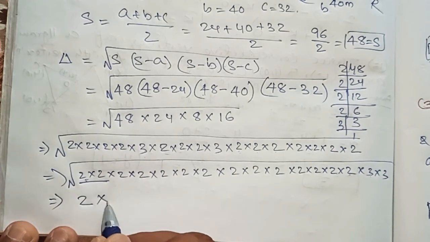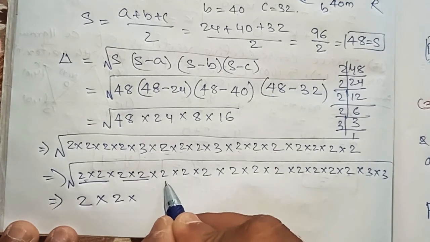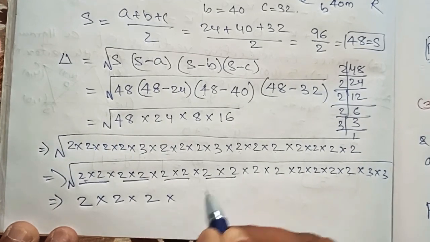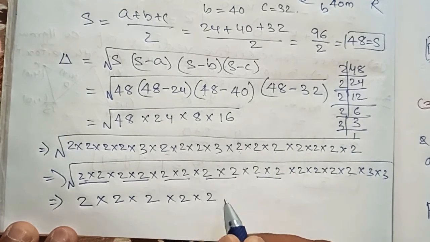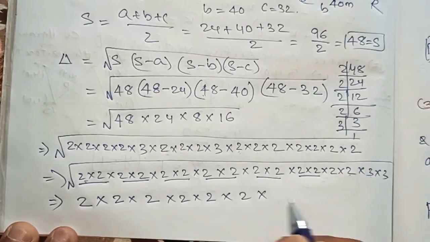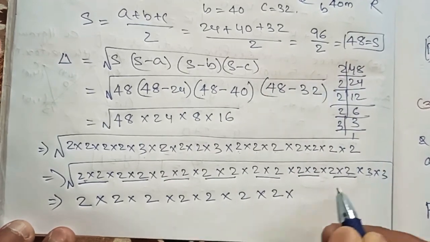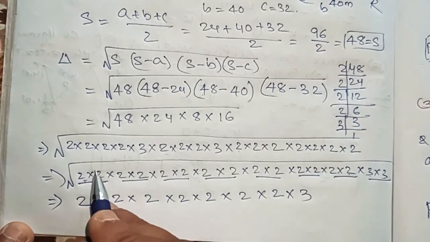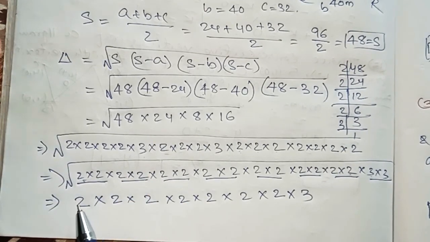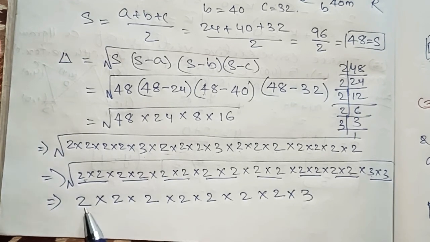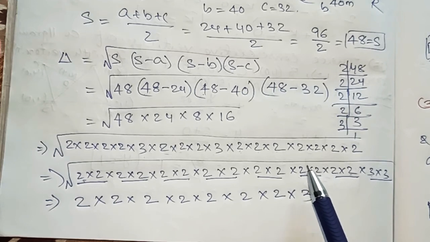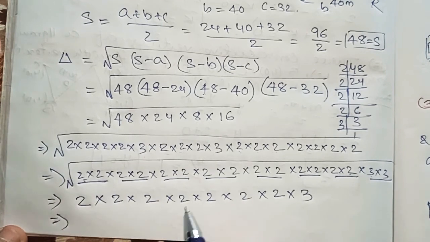Out of each pair, write one. Now the square root will be removed, as you studied in the 8th class: whenever a square root is there, from each pair one number comes outside and the square root is removed. If any number is left alone inside the square root, then write that number with the square root; don't take it outside. Now multiply and get your answer.